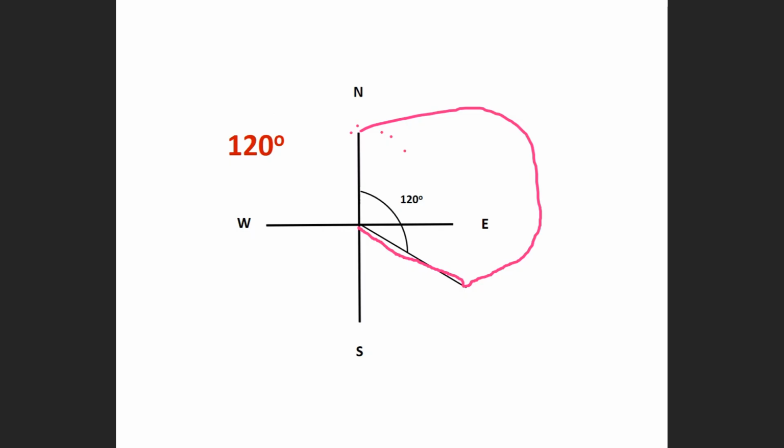All right, so we're going to move to 330 degrees. All right, straight to 330 degrees. To draw the bearing for 330 degrees, that is quite easy based on what we've done previously, which is the 20 degrees and the 120 degrees.